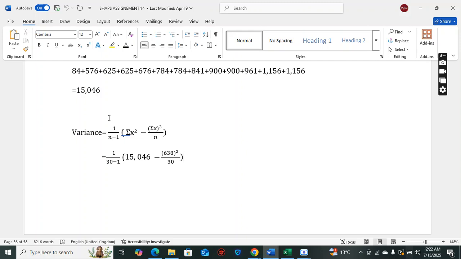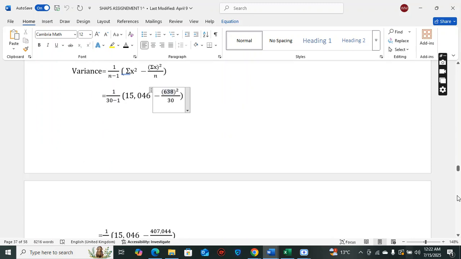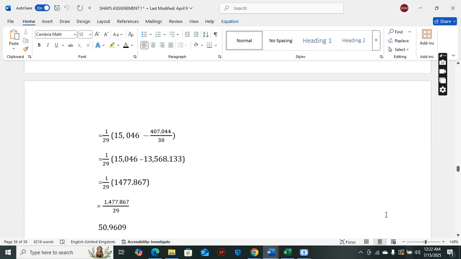Okay, for time's sake, when you square the x's, here we got 15,046. 638, when you square it, you get 407,044. You divide that by 30. You subtract.